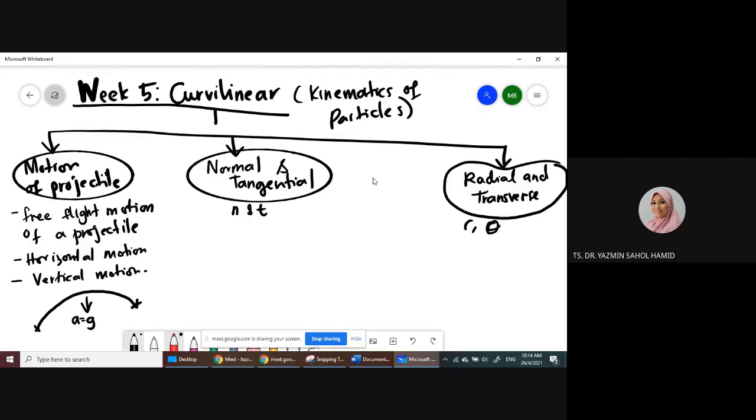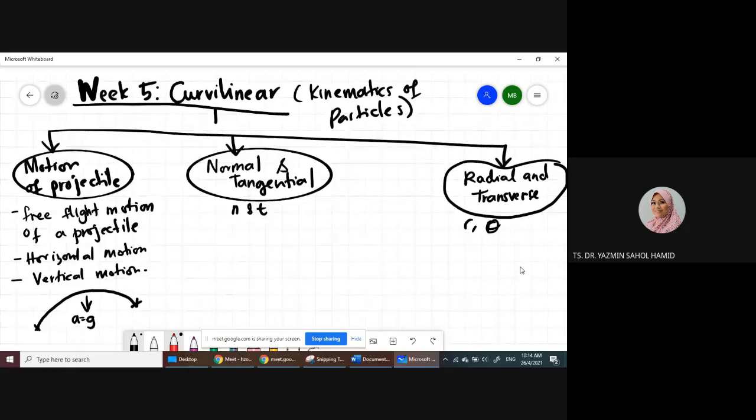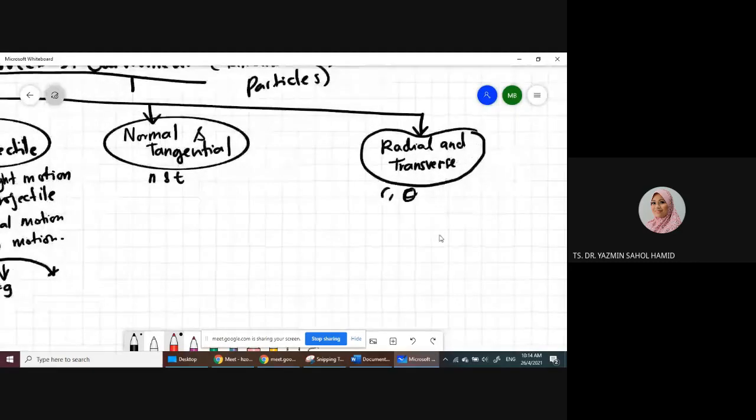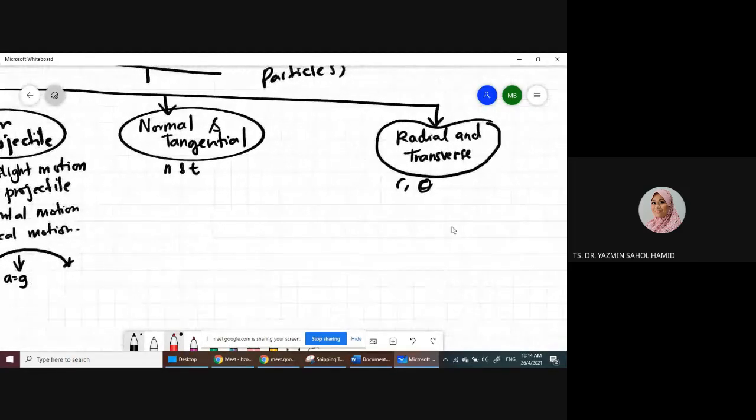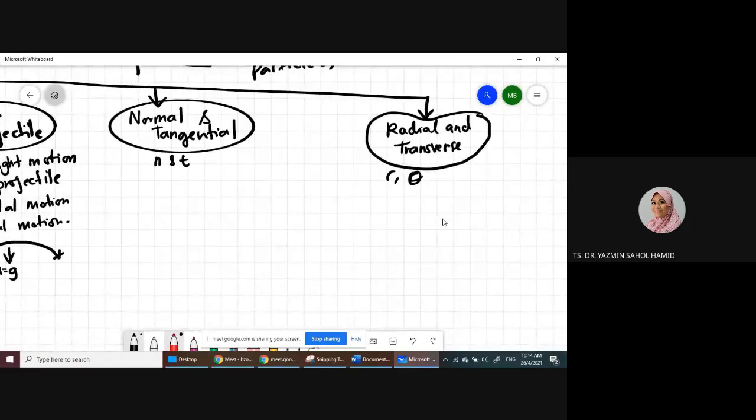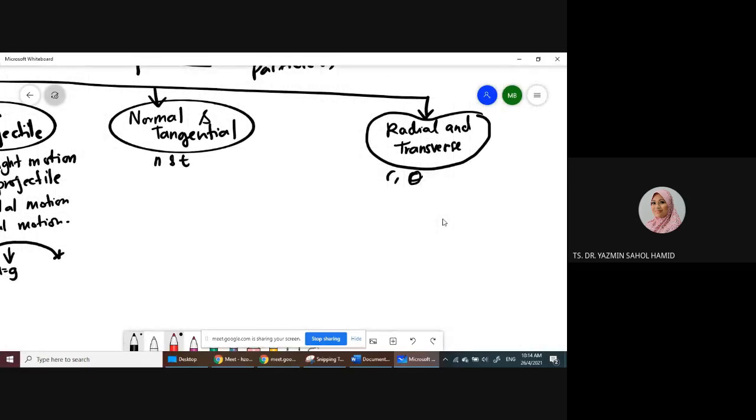Is that fine? Can we continue? Yes, madam. Okay, don't worry too much. We'll go through normal and tangential, and then we'll do a lot of examples, and then you understand, oh, it's that simple.